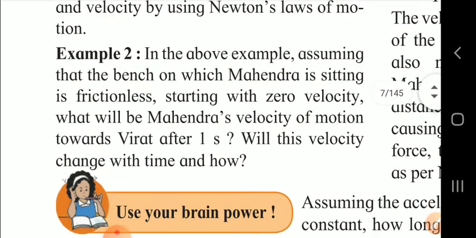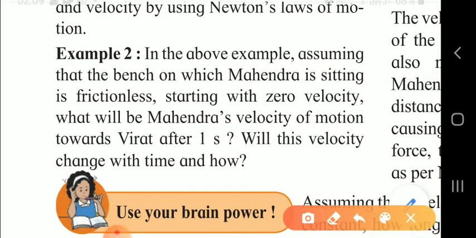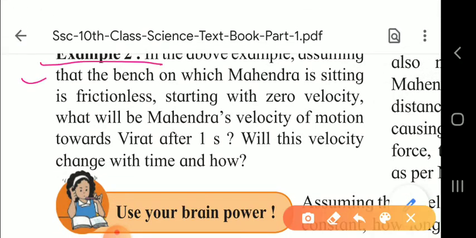Now here we will see the second example. It is related to the first one. Assuming that the bench on which Mahindra is sitting is frictionless, that means no friction is there.